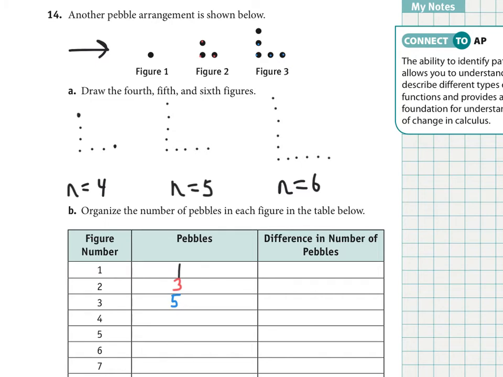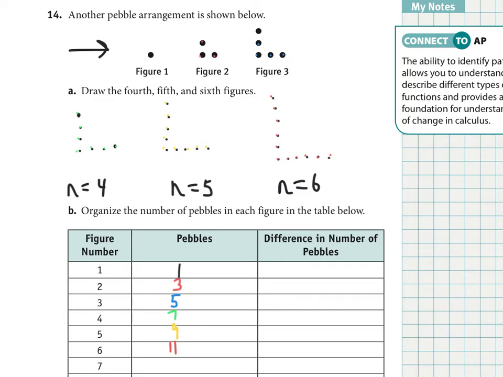In the fourth one, there are 1, 2, 3, 4, 5, 6, 7. In the fifth figure, there are 1, 2, 3, 4, 5, 6, 7, 8, 9. In our sixth figure, there are 1, 2, 3, 4, 5, 6, 7, 8, 9, 10, 11.